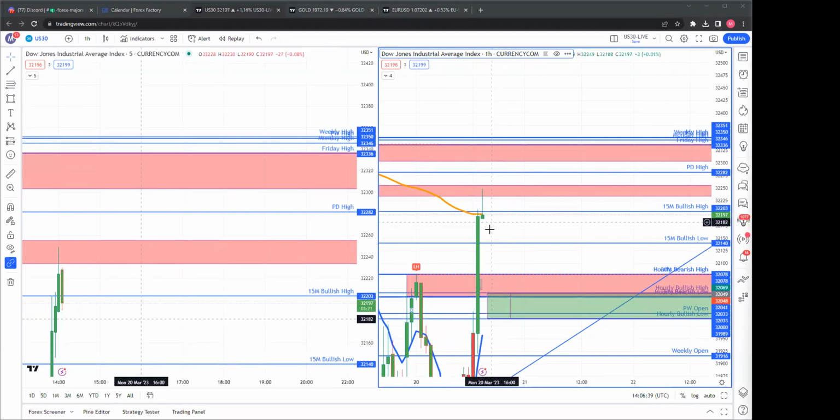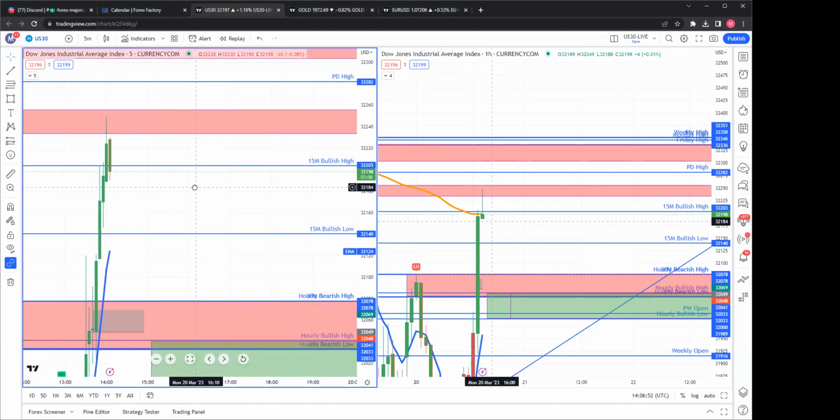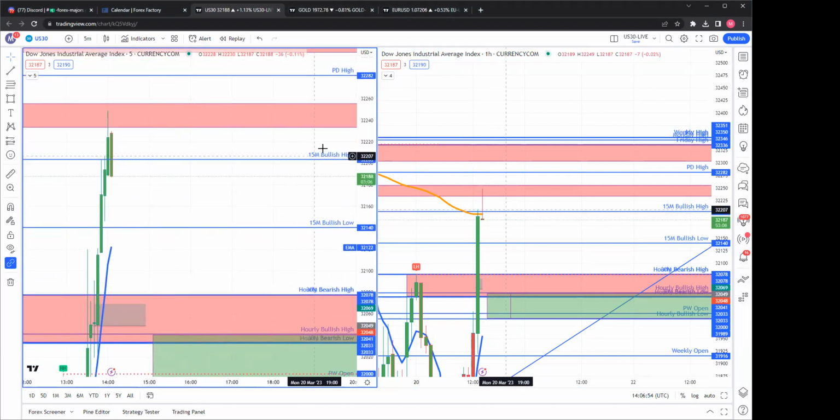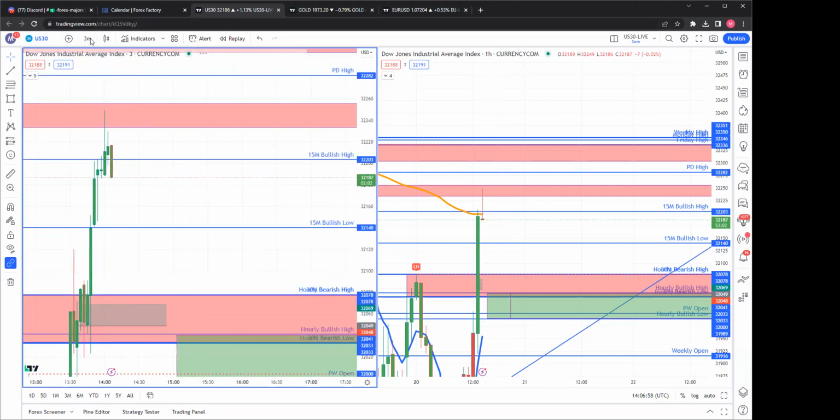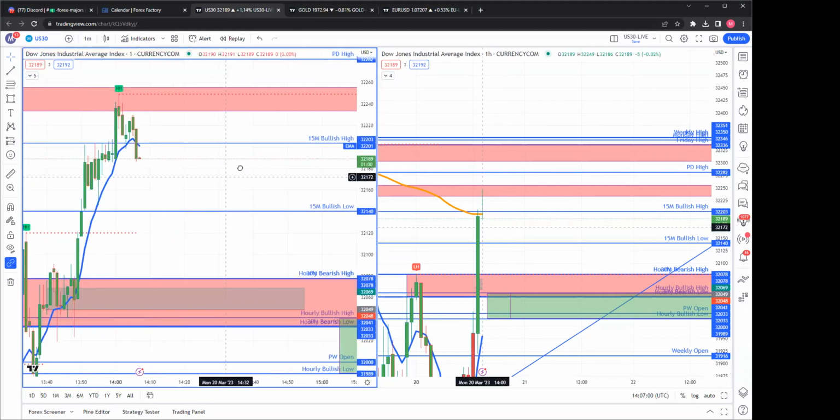So this is tricky, because the best entry would be if price closes below the 200 EMA on the hourly, and we get a retest, and then we can get a sell right here. So what I see here is this bullish high being used as a sell zone, but again, still no confirmation even on the 1 minute.